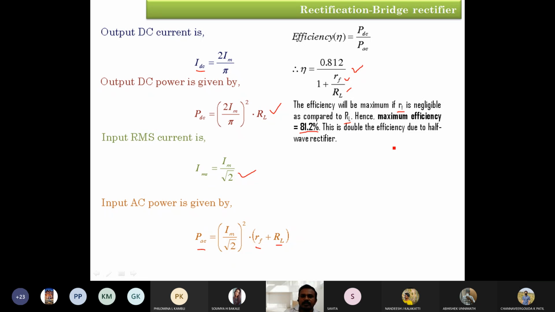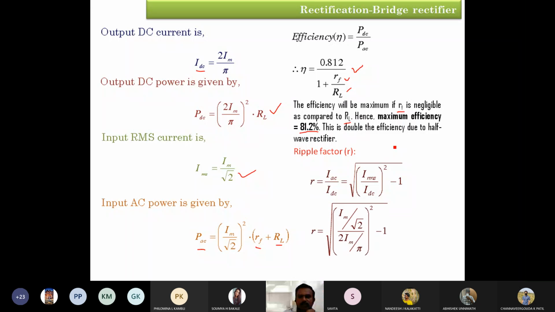Okay. So for ripple factor R, which is calculated as the ratio of AC current to the DC current, which is given by the square root of (IRMS divided by IDC) whole square minus 1.